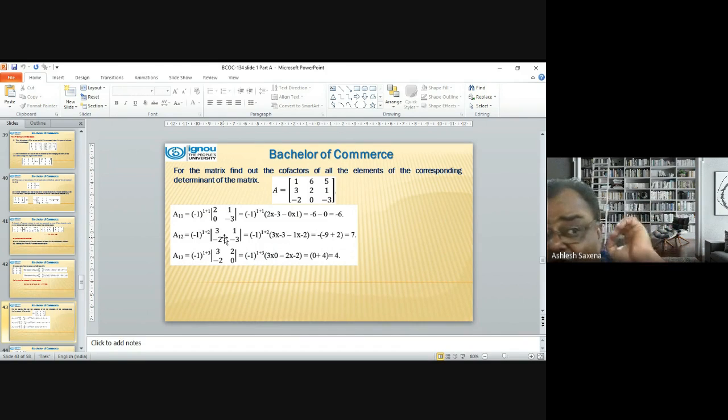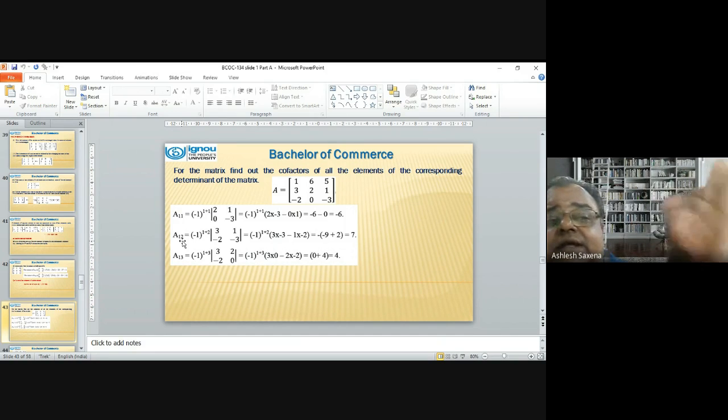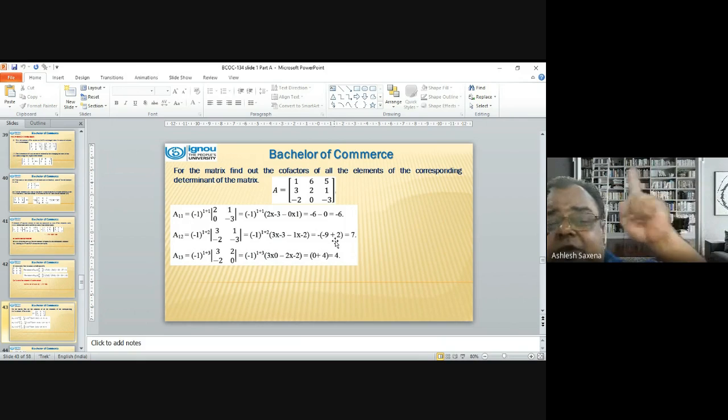This is your minor. And for the cofactor, see the nature of this. 1 plus 2 is 3. 3 is an odd number. In the minor you got minus 7, and in the cofactor you are getting 7. This is the only difference.